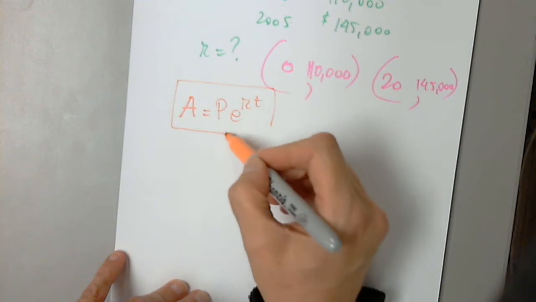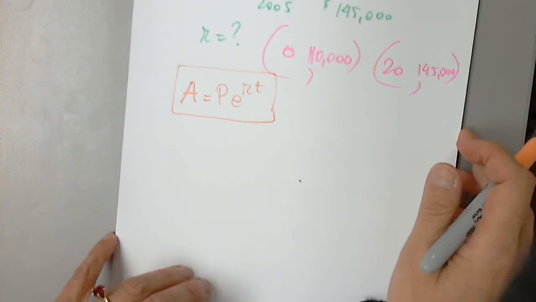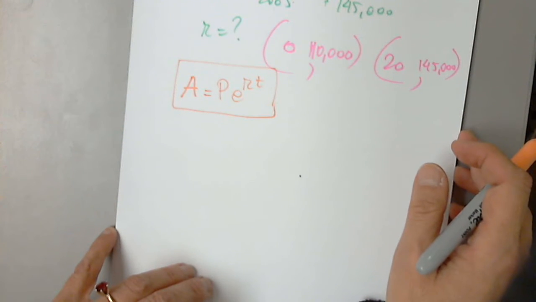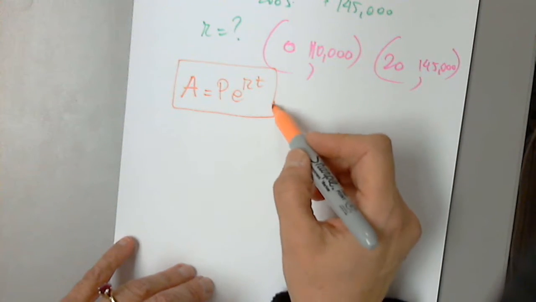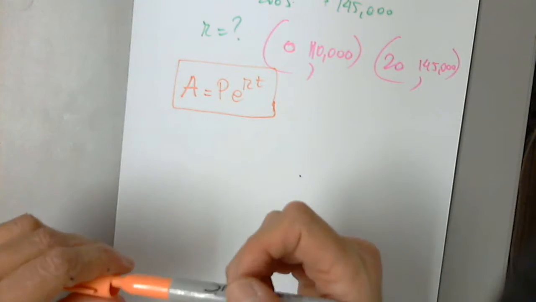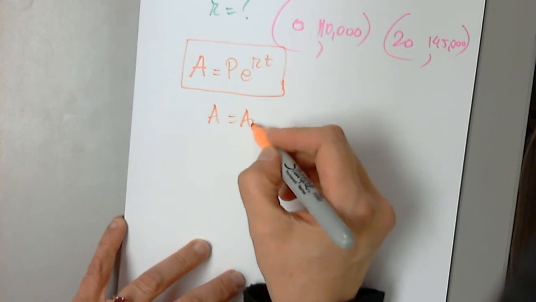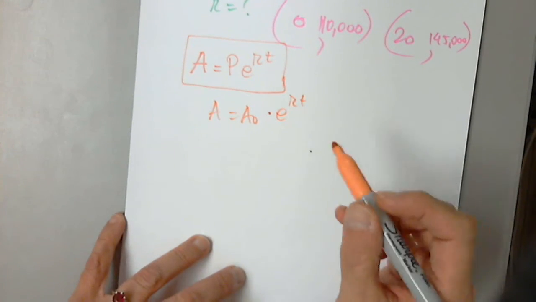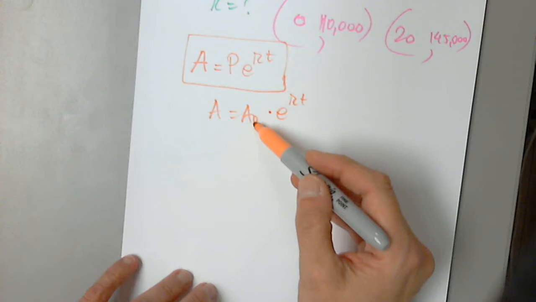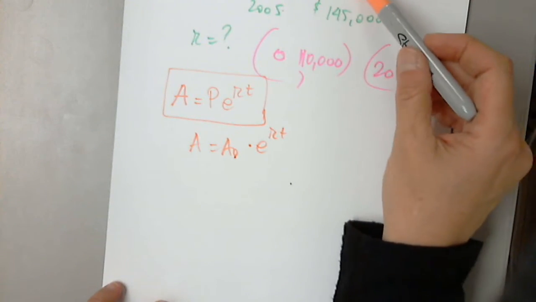And what does this mean? This means that the accumulated value is increasing all the time. So the initial value, so A equals A0 times e to RT, because this is not a principal, so the initial value is 110.